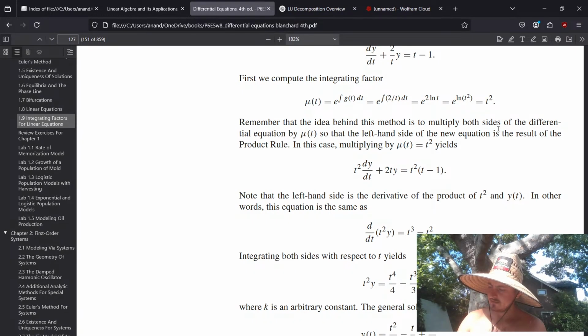And then we can divide both sides, so this becomes t and this becomes 1. So then y of t is equal to t squared over 4 minus t over 3 plus c.